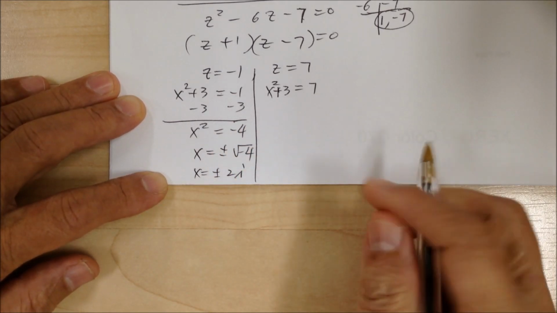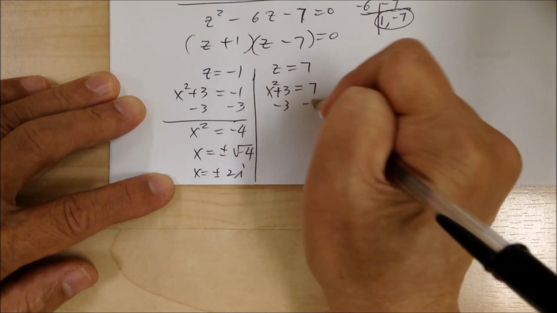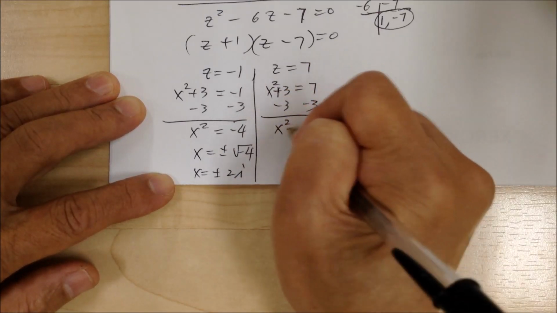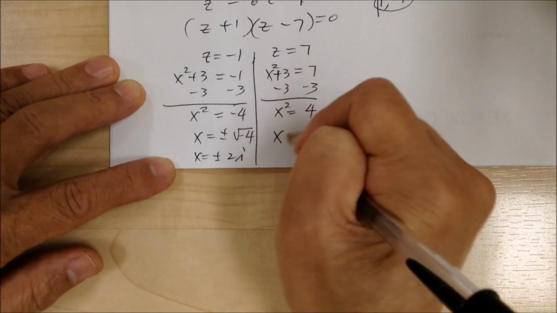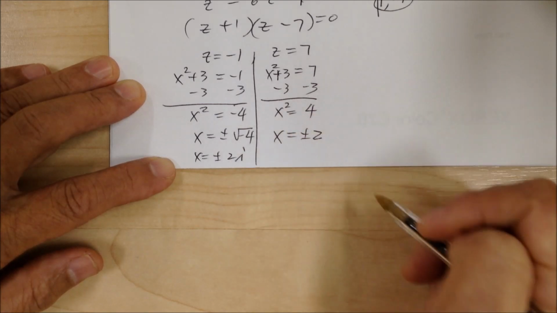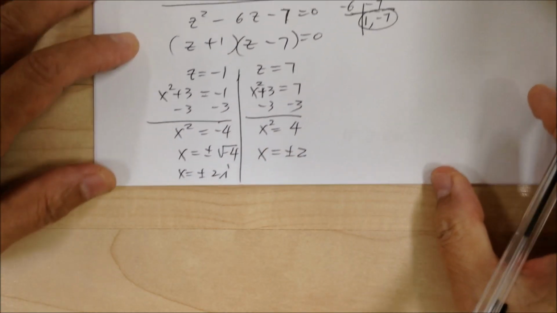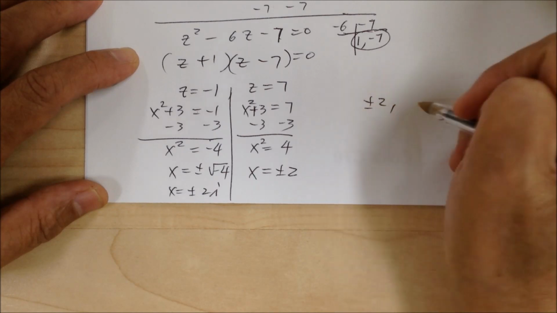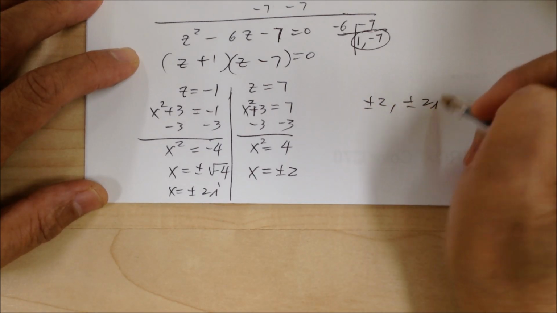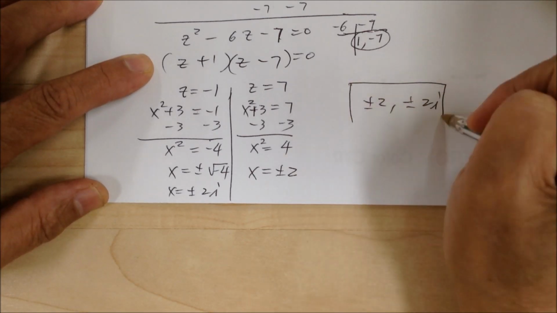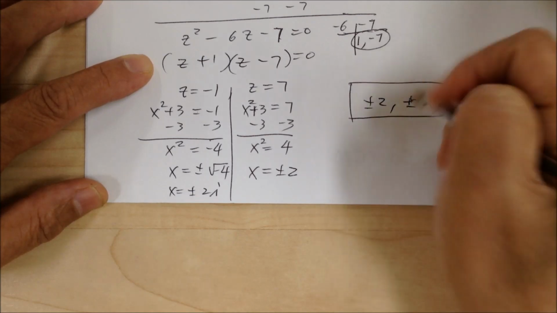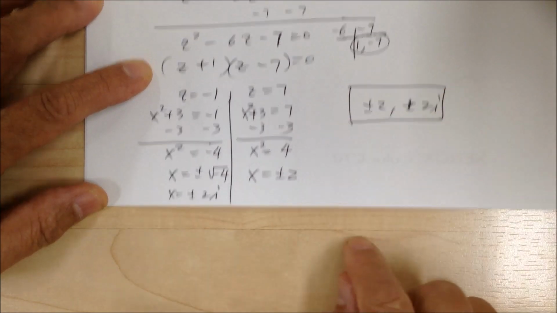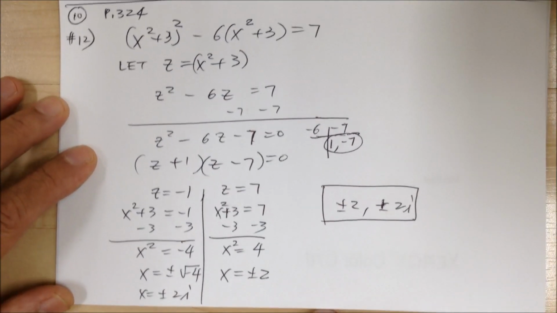From here, you minus 3 on both sides. So you got x squared equal to 4. Take the square root, so x equal to plus or minus 2. So your final answer would be plus or minus 2, plus or minus 2i. It doesn't matter which one you write first.